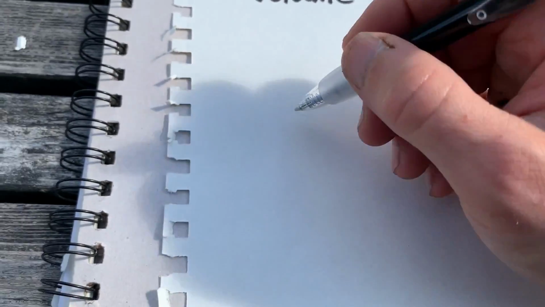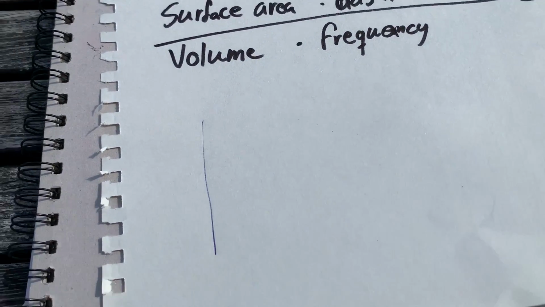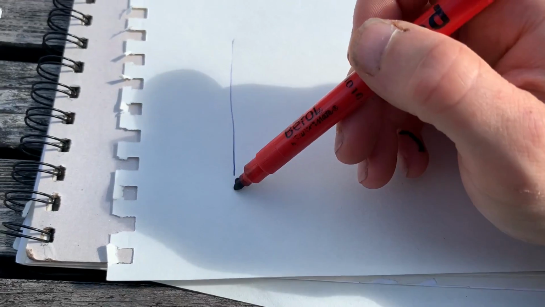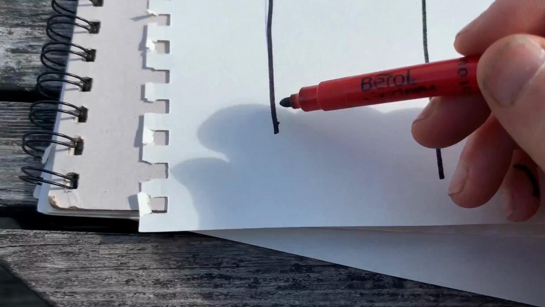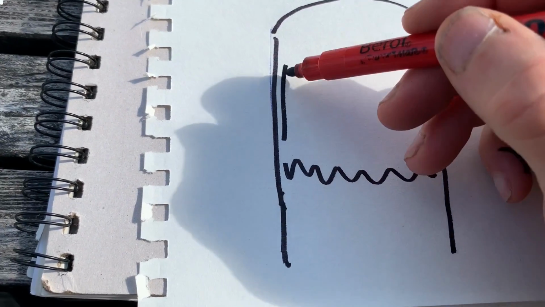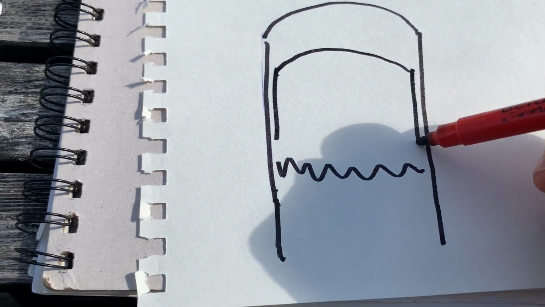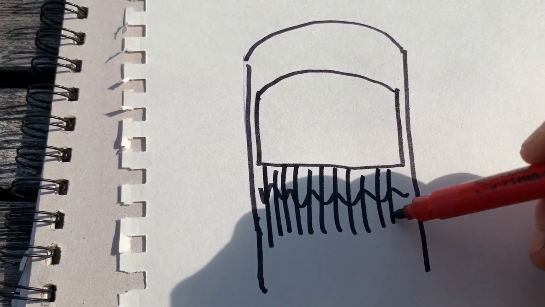So if you look at, for instance, my idea with the vessel here, you have your water surface, and you have a displacer here, and you have lots of plates submerged here.